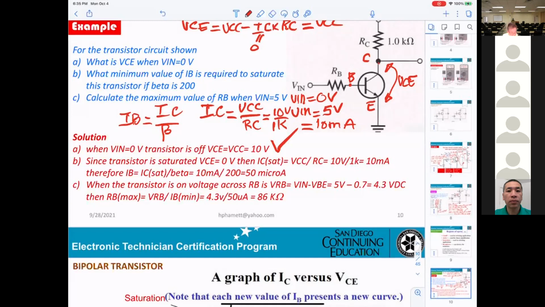The thing is, you get IC, and I want to calculate the IB. Yeah, I understand this. IB equals IC divided by the beta. That's the formula. Yeah, I know that.